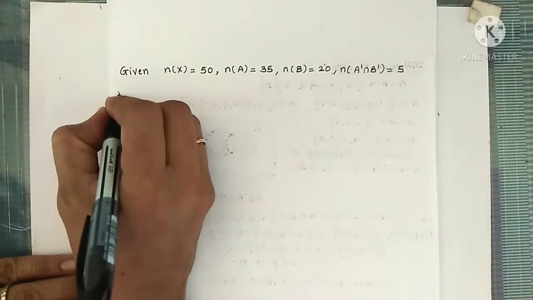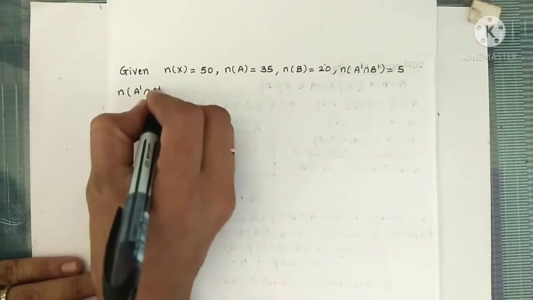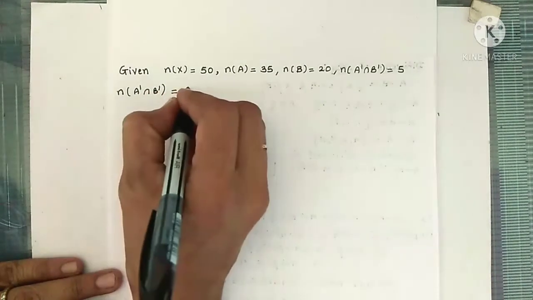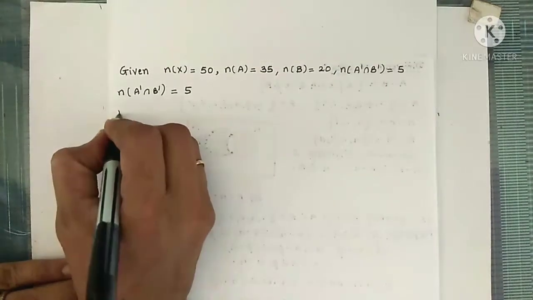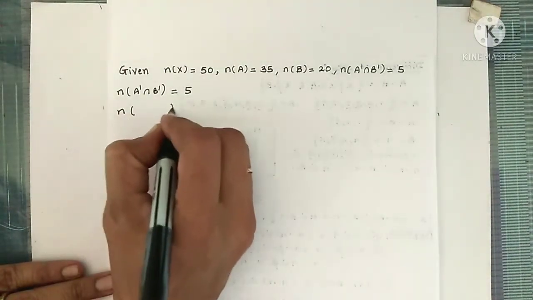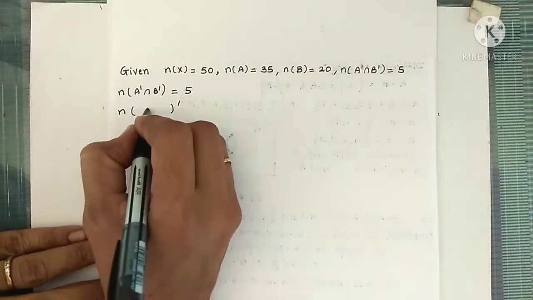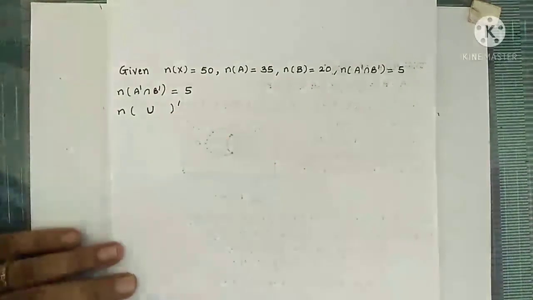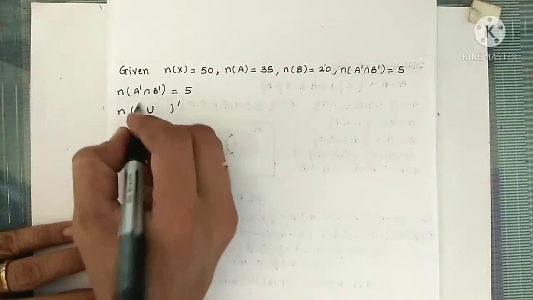So let's start with n(A' intersection B'). It is given that this value is 5. But if we write the bracket complement, then what happens? We have to interchange intersection and union. So this becomes union, and we write the complement of both the sets.